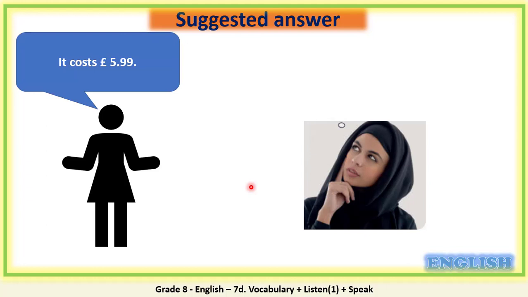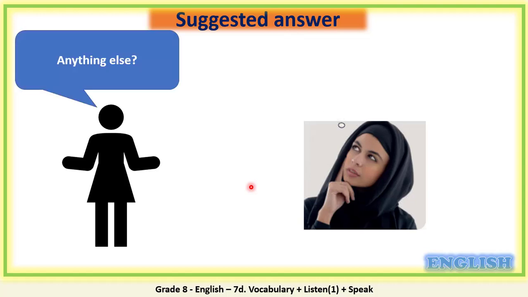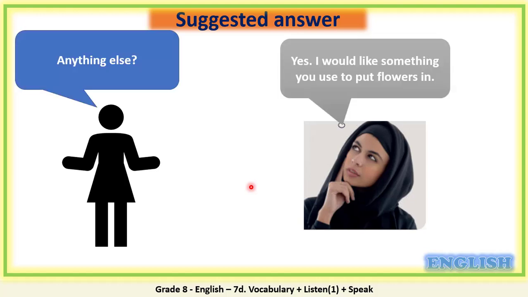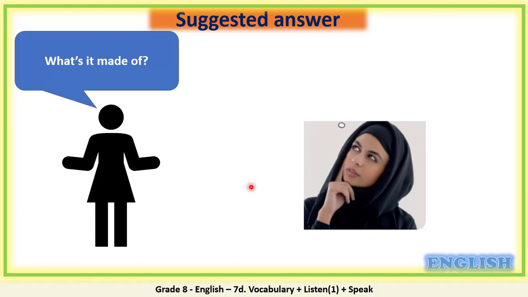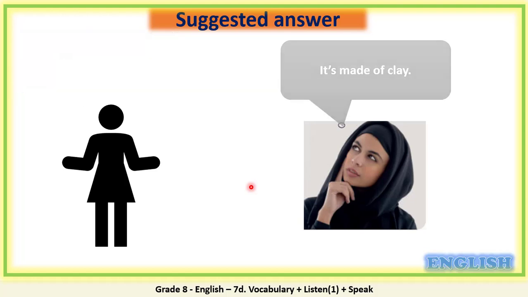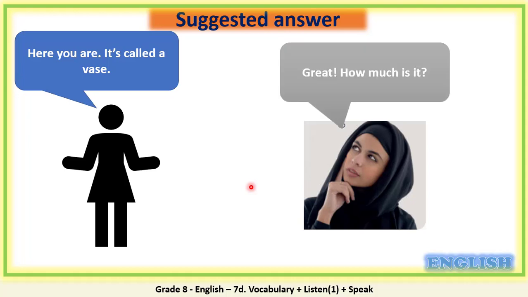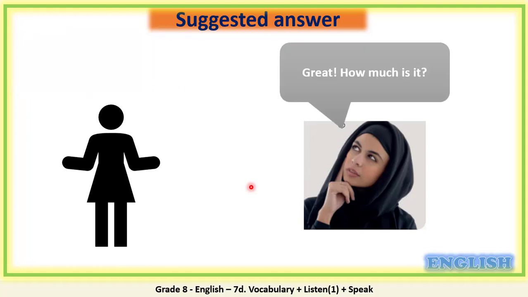"It costs £5.99." "I'll take it." "Anything else?" "Yes, I would like something you use to put flowers in." "What is it made of?" "It's made of clay." "Here you are, it's called a vase." "Great, how much is it?"